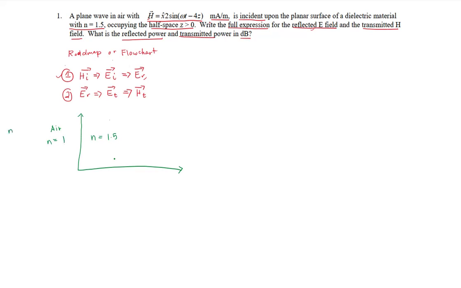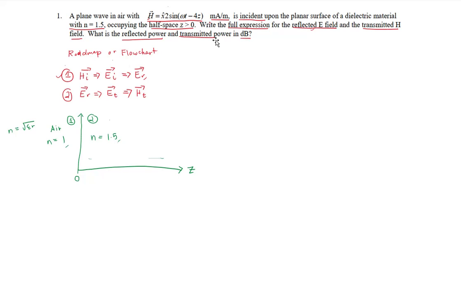A quick reminder: n is equal to the root of epsilon r. The material occupies the half space z greater than 0. So if we let this be our z and this be our 0, the whole half is going to be n equals 1.5.